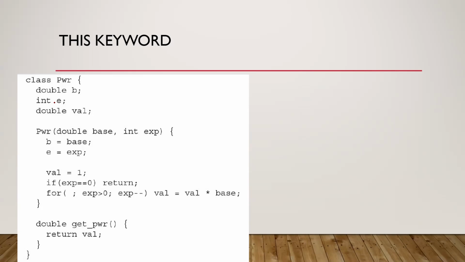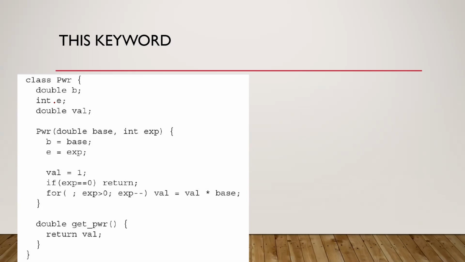That is what I am trying to create a class for. So naturally it will need variables: one is the base, the number, and another is your exponent, right? So basically this 2 will be stored in B and this 5 will be stored in E.